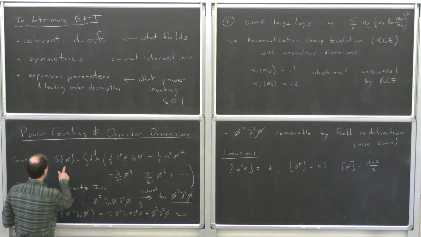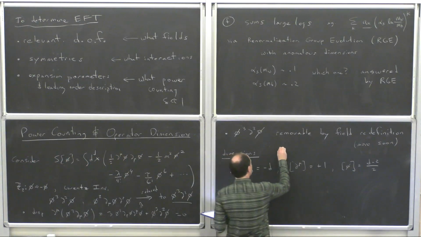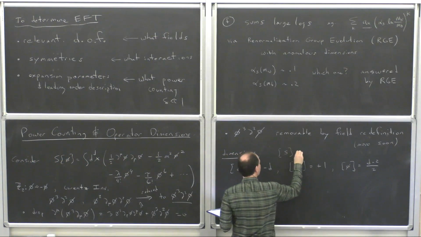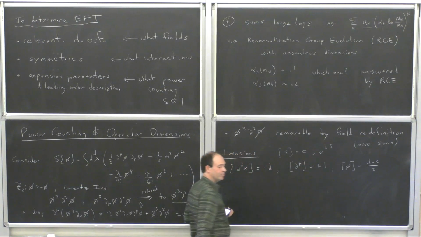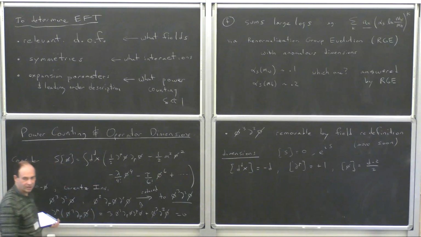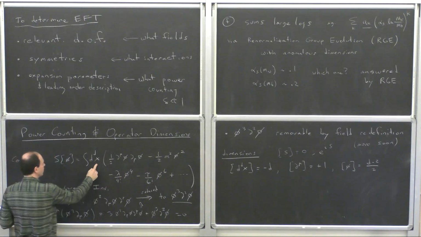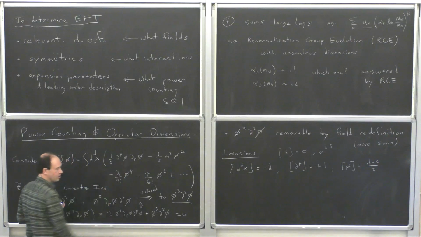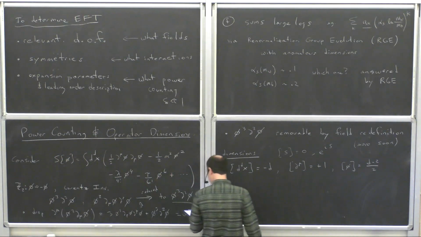And that's because the action is dimensionless. Maybe I should have started with that. Remember, the action goes into the path integral as e to the iS, and it better be dimensionless, working in units where h bar is 1. So from just this term, knowing the derivatives, knowing this is dimensionless, I fix the dimension of phi to balance things. Probably you've seen this before.